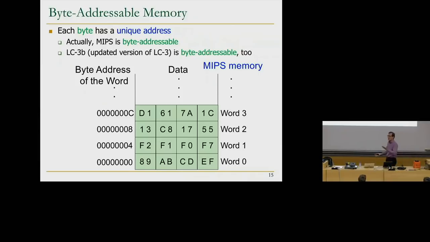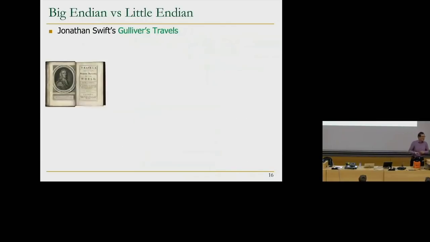And these are 2 different conventions. I'm going to give you an example of that again. And MIPS happens to be little endian, meaning that the least significant byte is addressed as word 0, byte 0 over here. Okay, so this is a convention, so I'll use Juan's analogy over here.